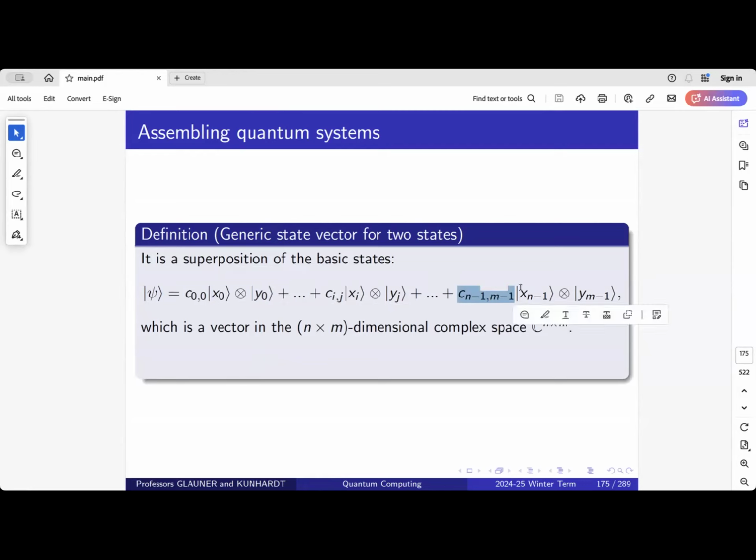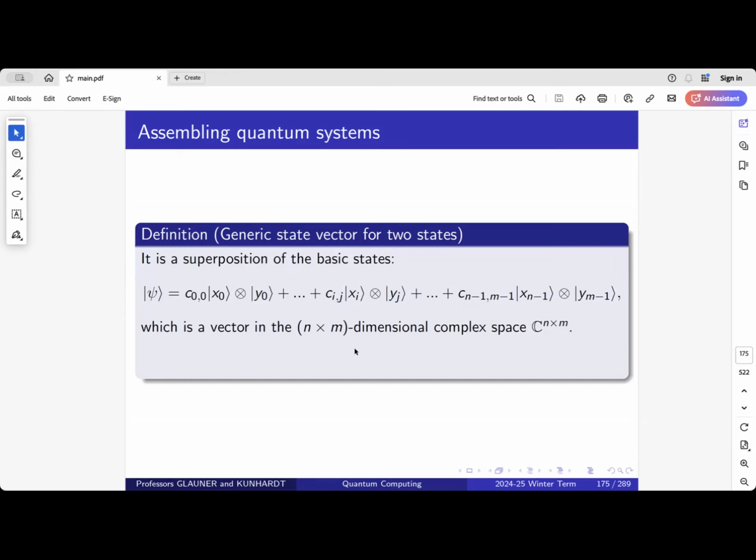It's the complex amplitude, and you have the corresponding basic state, x_{n-1} cat, and the tensor product of this with y_{m-1} cat. And then you have this index i and j for all the other ones in here.